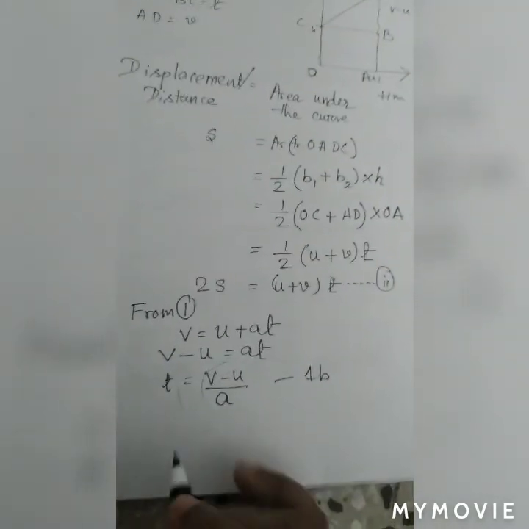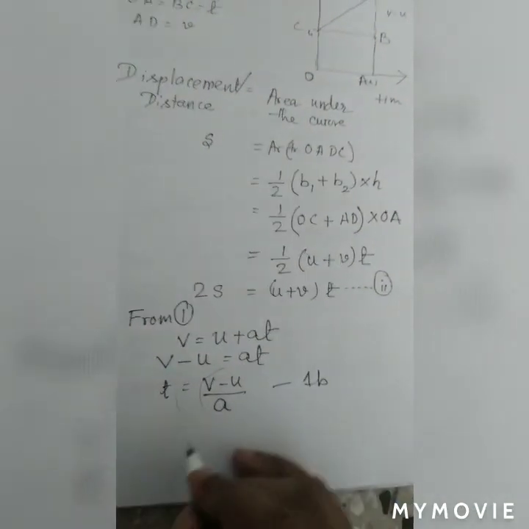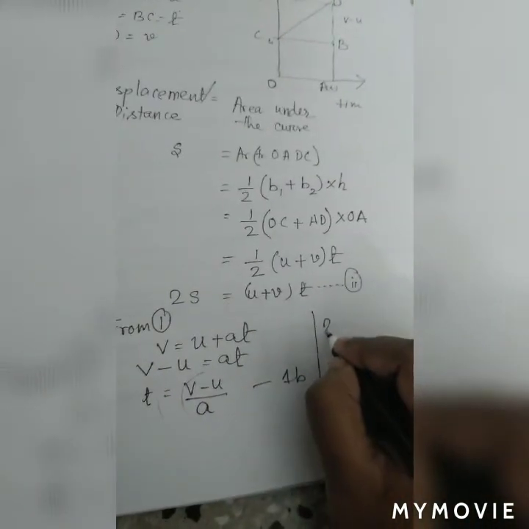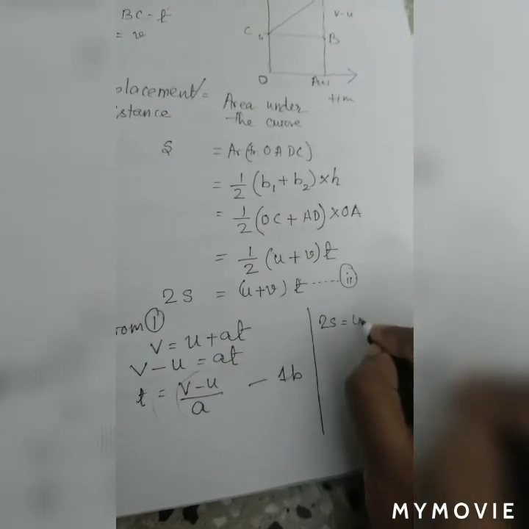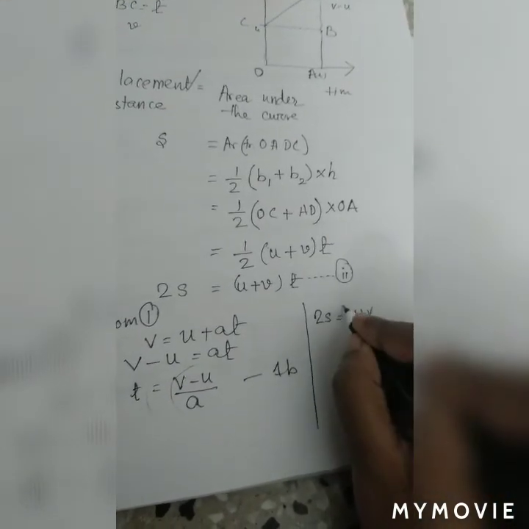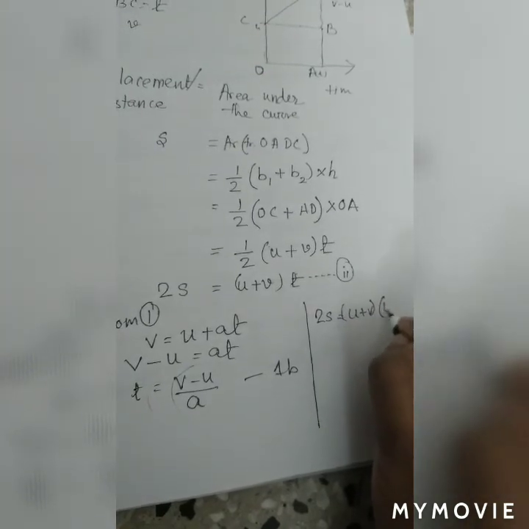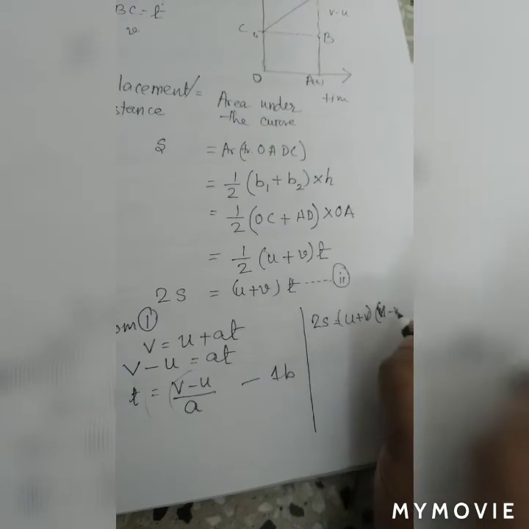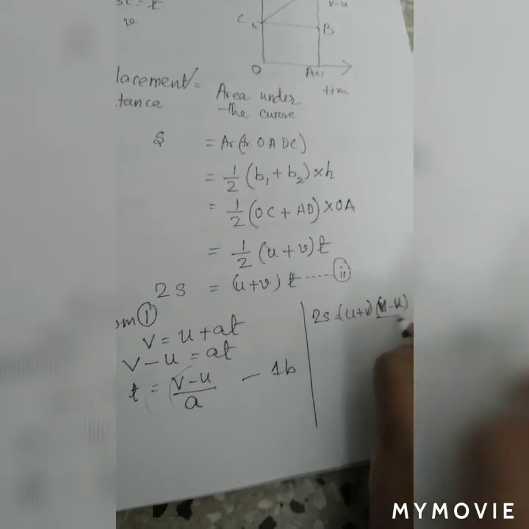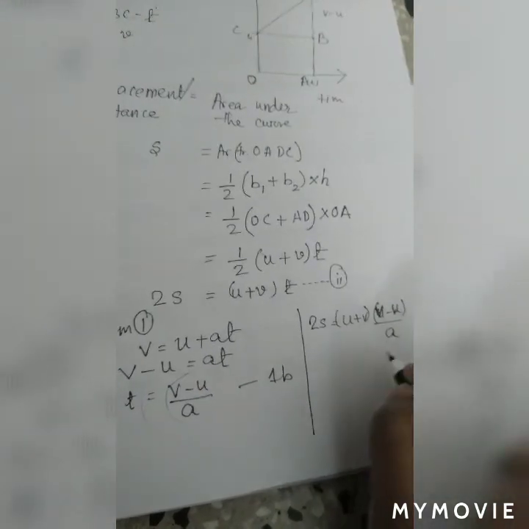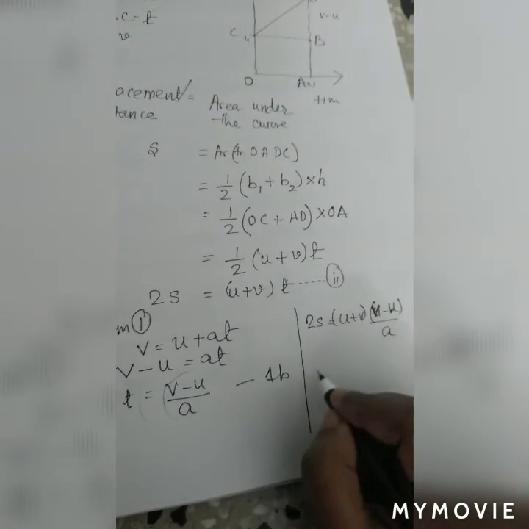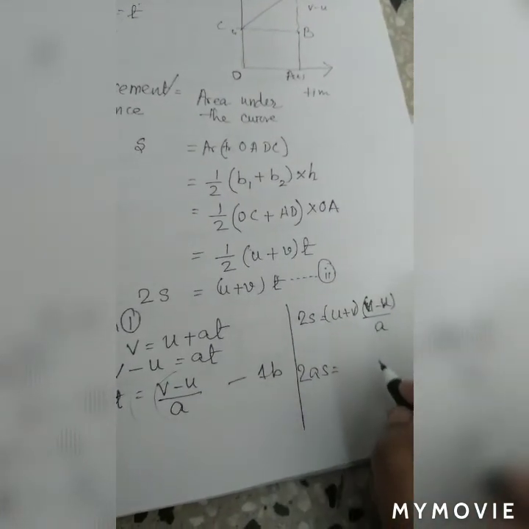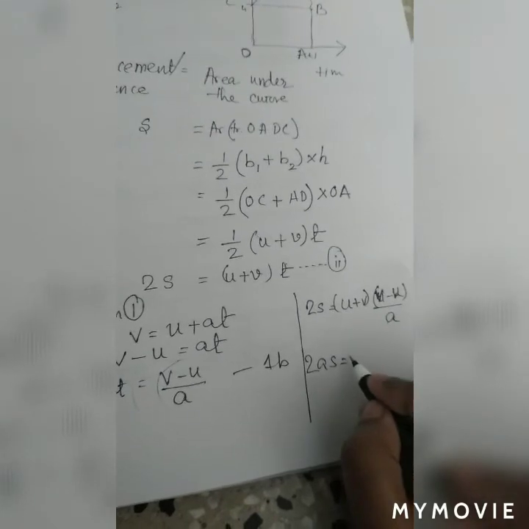So here I will say 2S is equal to (U plus V) and T is (V minus U) by A. So A will go here. 2AS is equal to (V plus U) into (V minus U), which is A plus B into A minus B, A square minus B square.